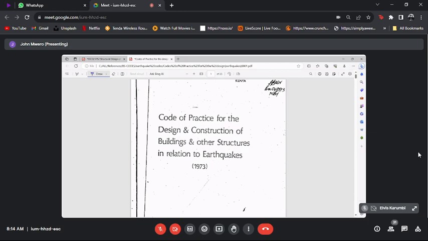There's a lot of researchers still doing research on how buildings behave in earthquakes, on how earthquake forces are generated in buildings. This is an area that is still under a lot of study, and there's a lot of information that we as engineers in the world do not know.